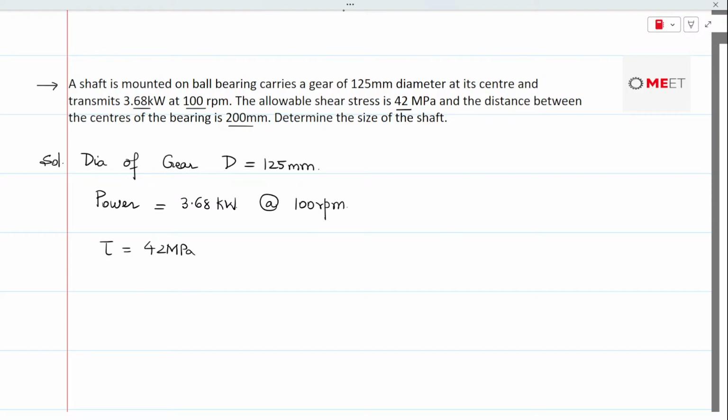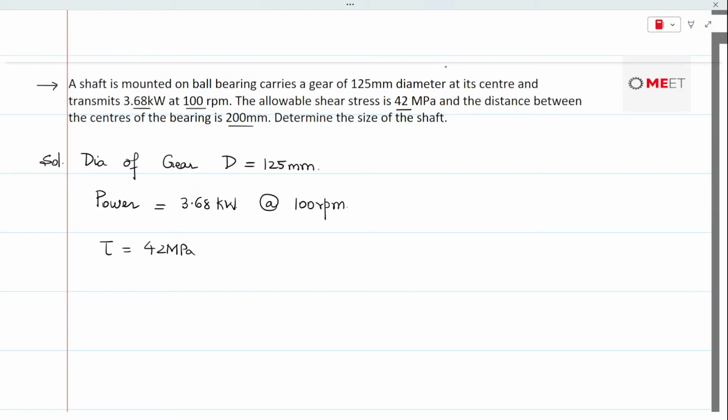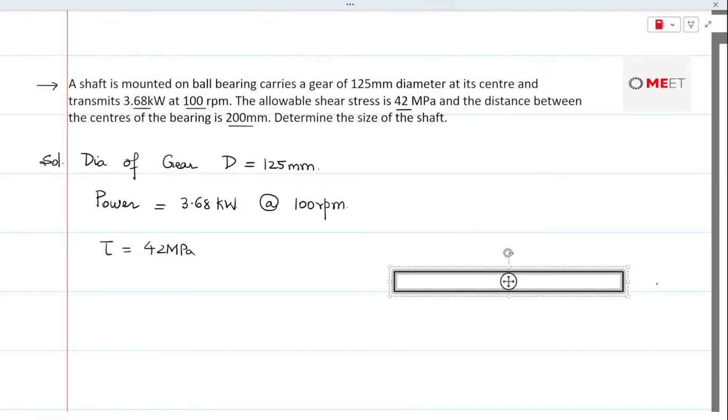So let me sketch the arrangement. This is some shaft supported in the bearings, and there is a gear mounted exactly at the center.